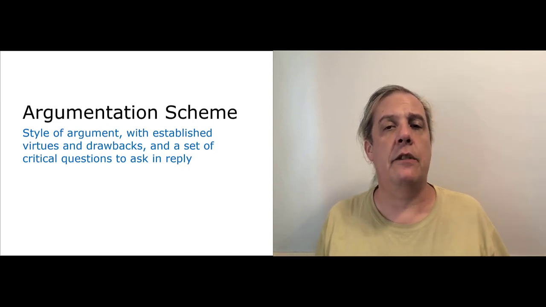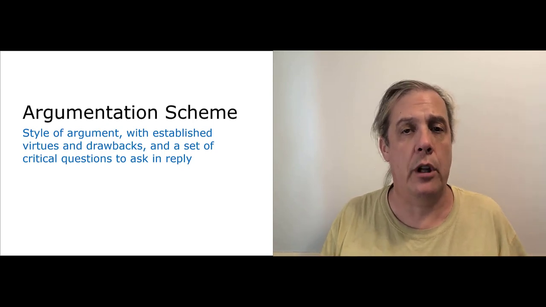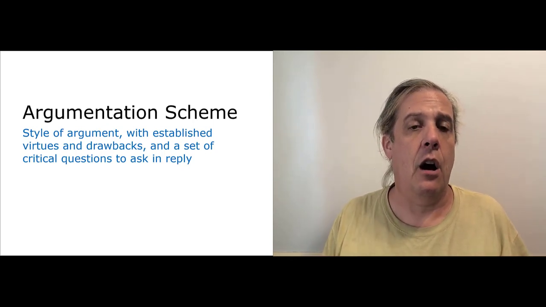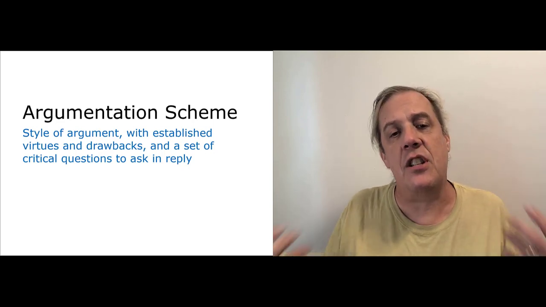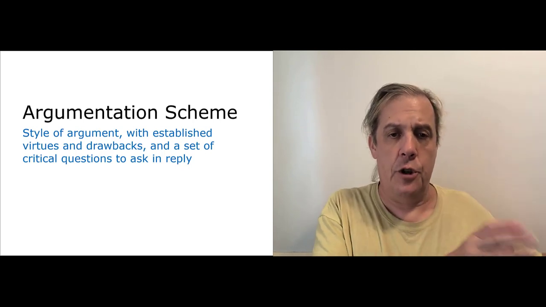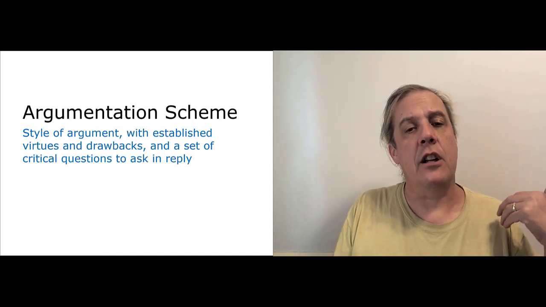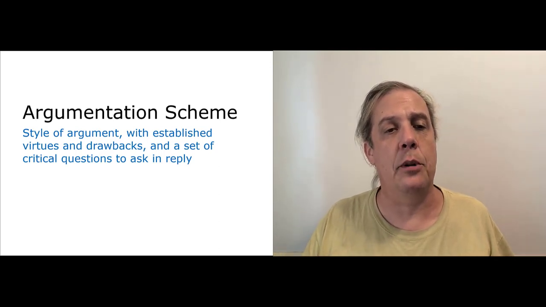So this is kind of an elaboration of the standard form that we've already been putting arguments in. An argumentation scheme is an established style of argument that has certain virtues and drawbacks, and they're going to be a set of what we're going to call critical questions to ask and reply.